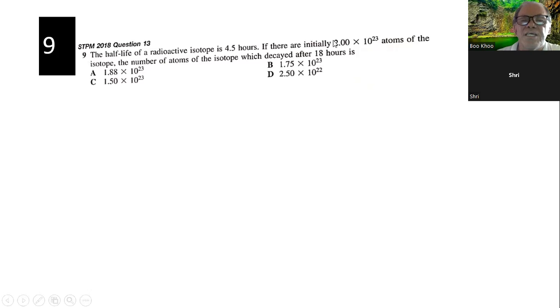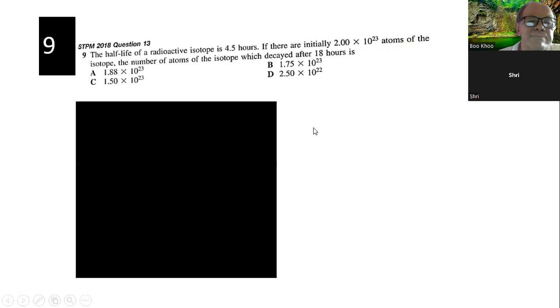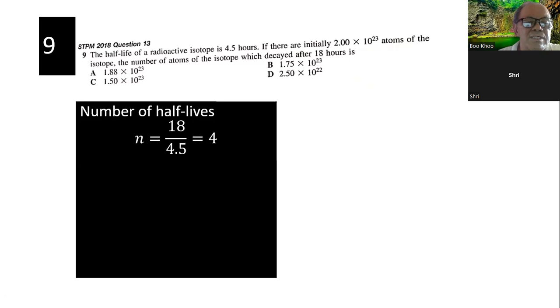They are given the half-life, initial number of atoms, the number of atoms of isotope which decay after 18 hours. I can use two different ways, right? Depending on me, I would say this is easier. 18 divided by that. Right?